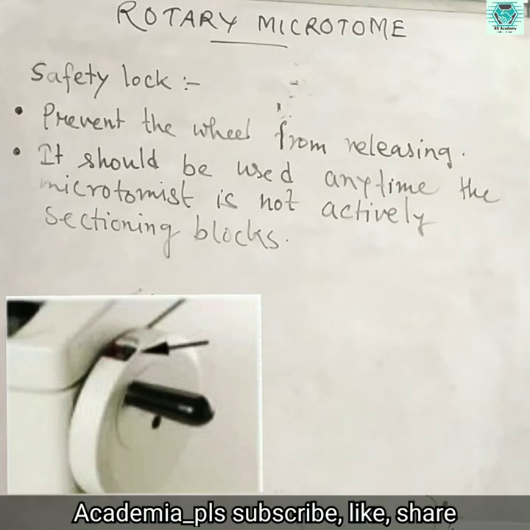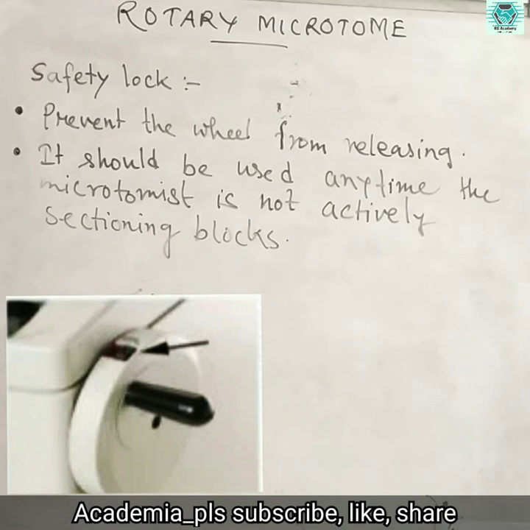So the safety lock is a very important part of the microtome. These are in brief the different parts of the rotary microtome, a very useful apparatus used in histology, for basic histological section cutting.